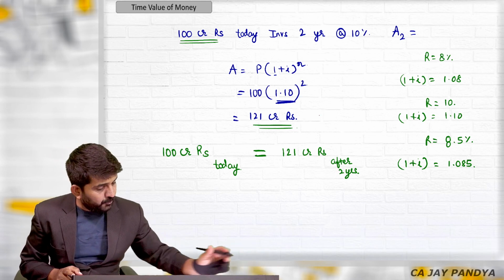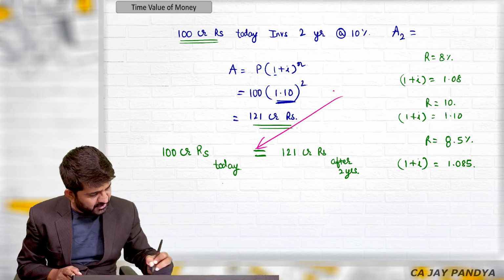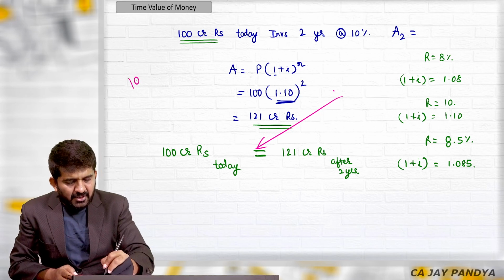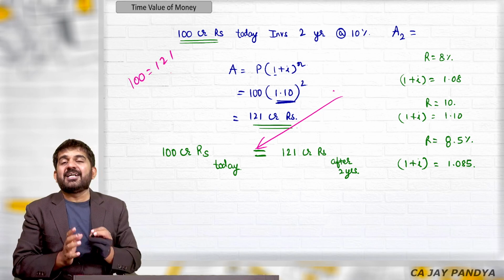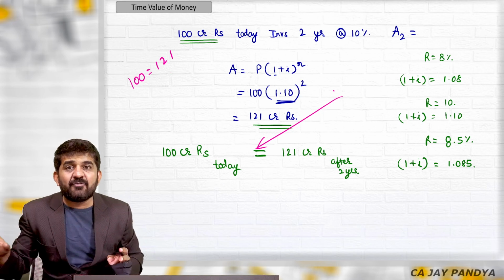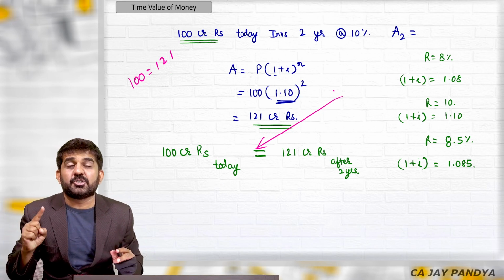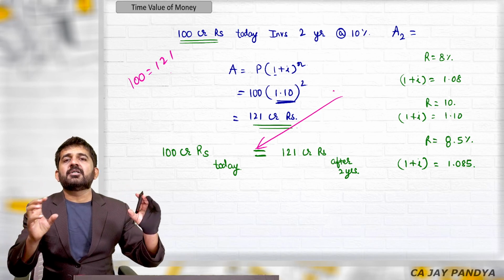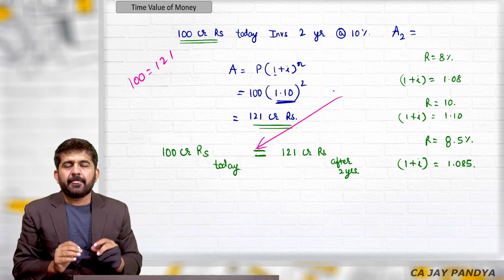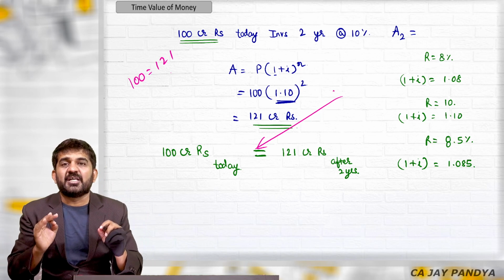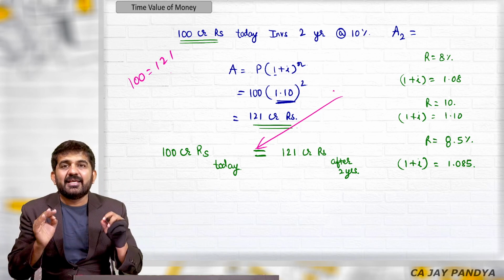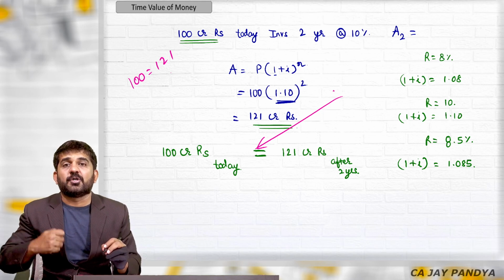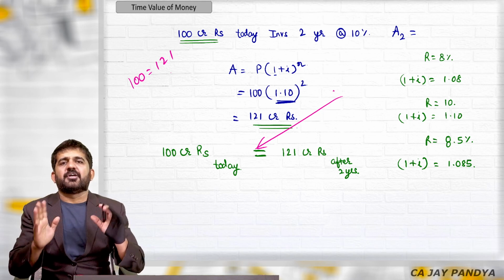And most important thing to understand is this equal to. I am saying 100 is equal to 121, which is never true in mathematics, but it is true in finance. Try to understand. Every other thing remaining constant, 100 crore rupees value today is the same as 121 crore rupees after 2 years, if the market rate of interest is 10%.